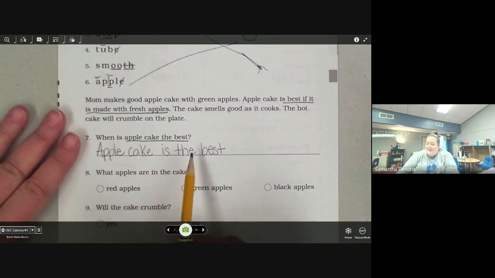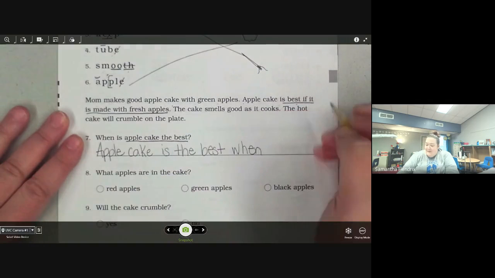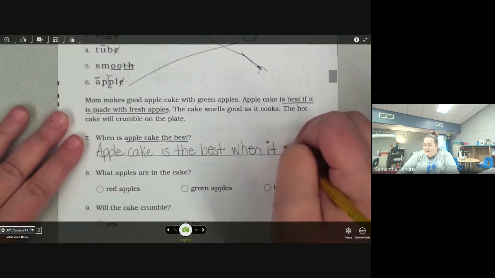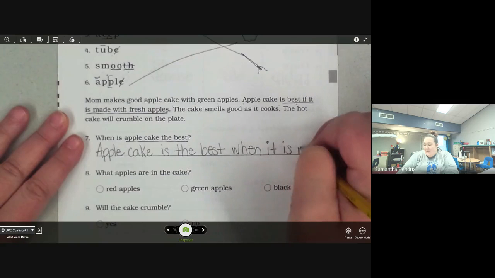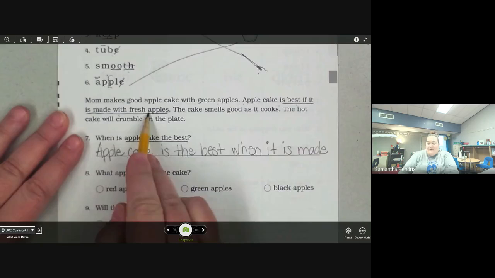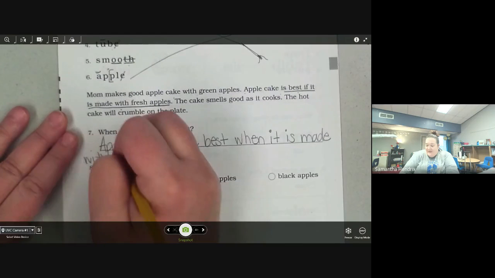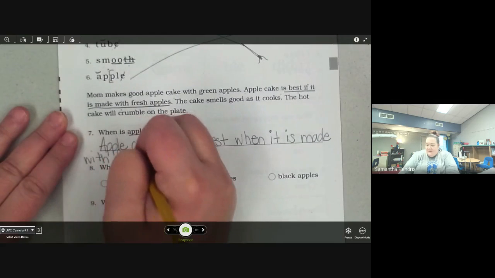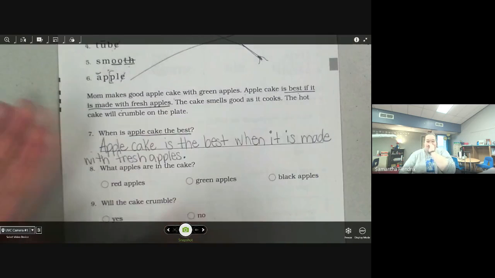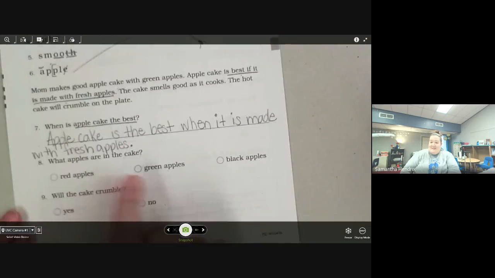Apple cake is the best when it is made with fresh apples. So you just write it underneath. Keep it neat though, it's okay. Fresh apples. Period. Pause and write that down, guys. You have to make this a complete sentence.